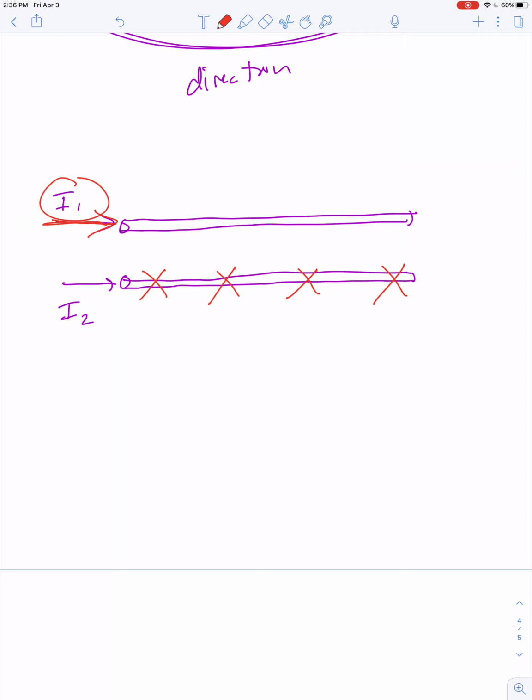And then we use the right-hand rule. If you put your thumb in the direction of current number 2, and then you put the fingers of your right hand into the page as indicated by these X's, then you end up finding that there's a force on this wire that points upward. So actually it turns out that wire number 1 attracts wire number 2 instead of repels it.